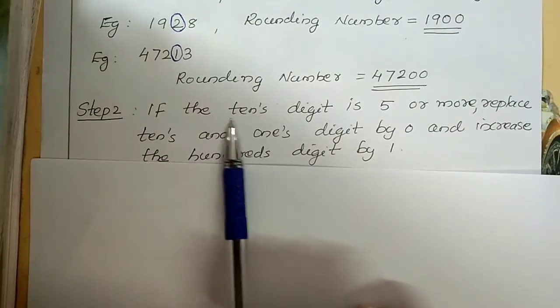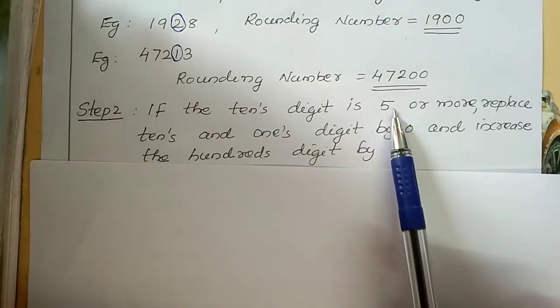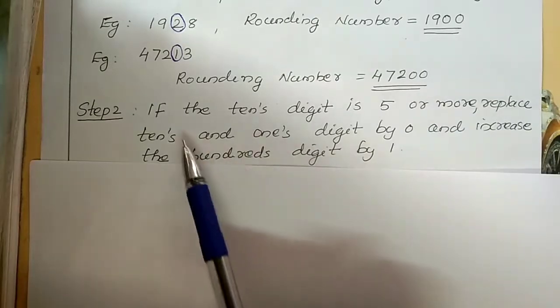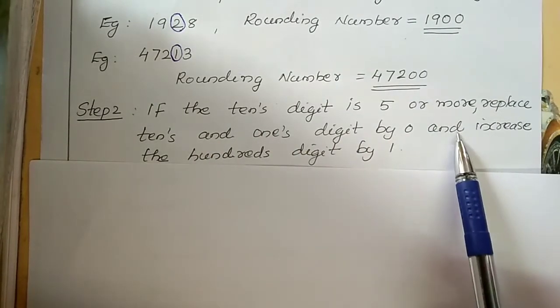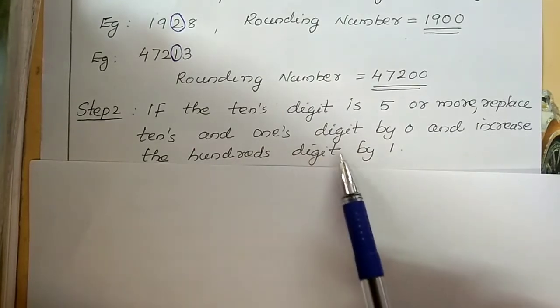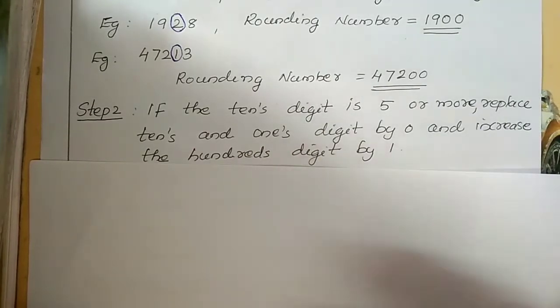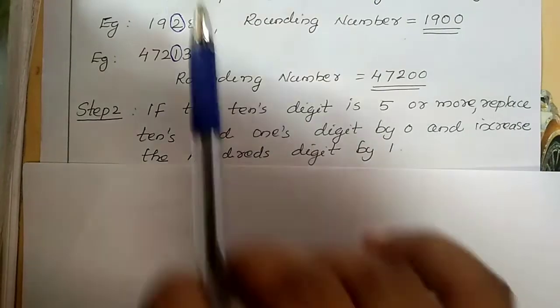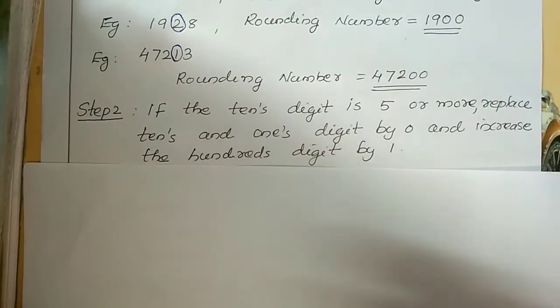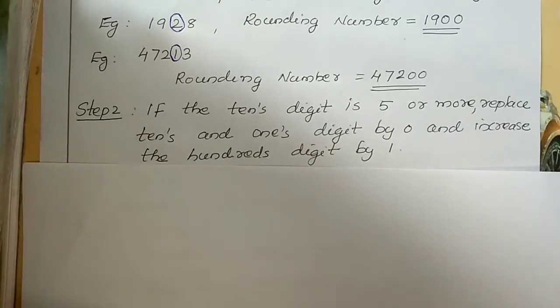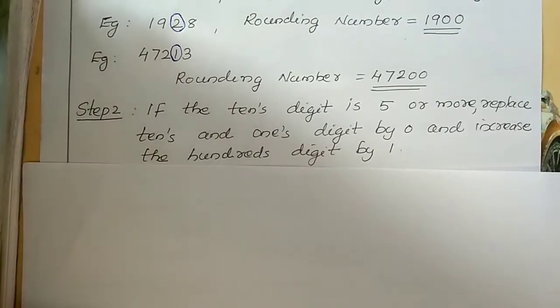Then step 2. If the tens digit is 5 or more, replace tens and ones digits by 0 and increase the hundreds digit by 1. This is step 2. What is step 1? If the tens digit is less than 5, very easy.